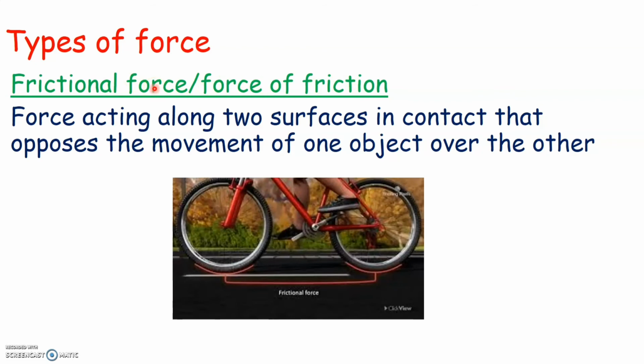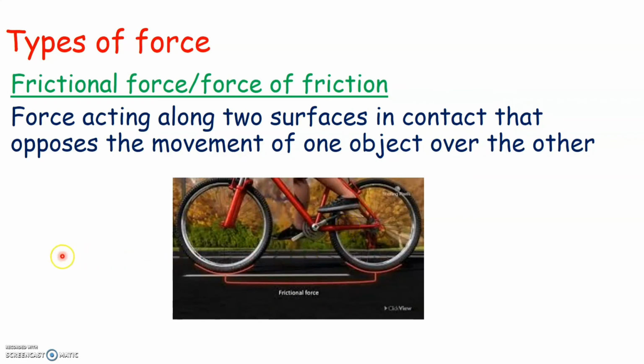So remember that frictional force will act only in the opposite direction of the object that is moving. So for example, you are riding a bicycle and your bicycle is moving in this left direction as you see here. Now, this force which is acting on the tires of the bicycle and the road will act in the opposite direction, which means only if this force acts in the opposite direction, it can try to stop this bicycle.